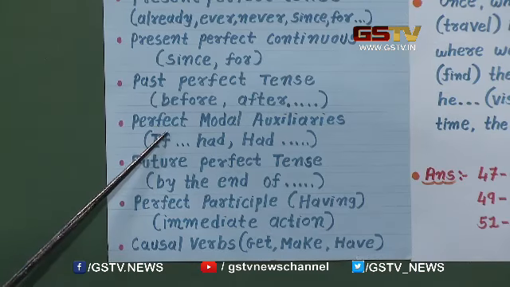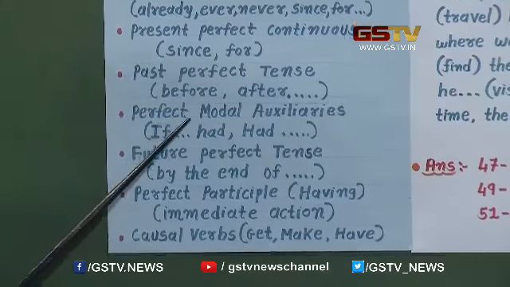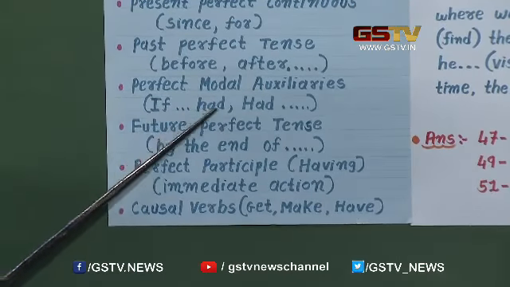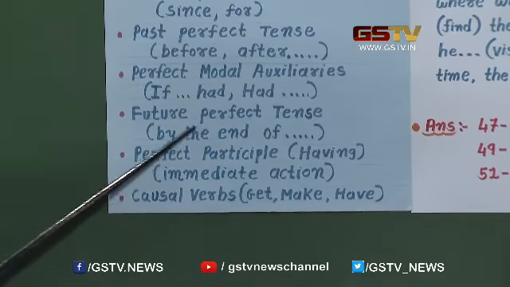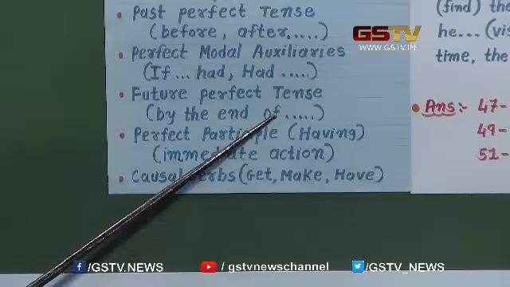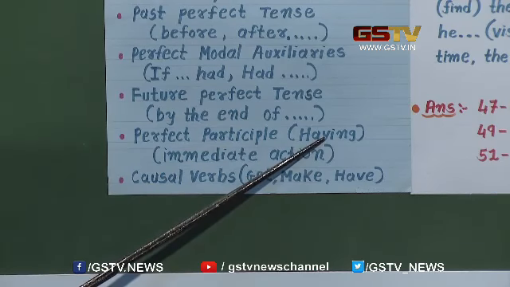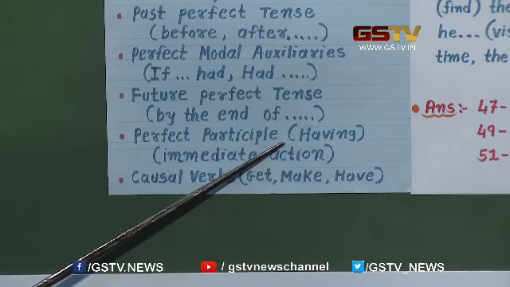Easily you are going to get this structure if you check board papers: the sentence with if, had, or had. Future perfect tense, here in such sentences you will get by the end of. Perfect participle, having, repeatedly asked: having plus past participle, and it shows immediate action.